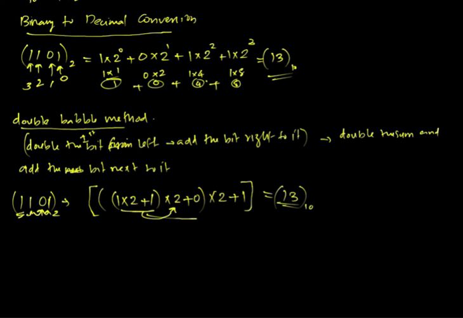That means double the first number from the left and add the bit right to it, then this sum is doubled and then add the next right bit to it, and again the procedure is continued until all the digits have been exhausted. That is called the double dabble method. So we can use either of these methods to convert a binary number to the corresponding decimal number.